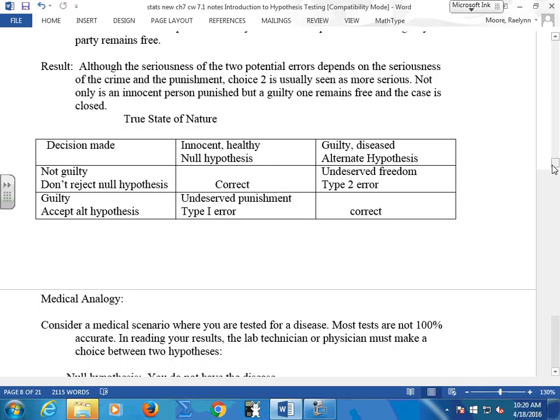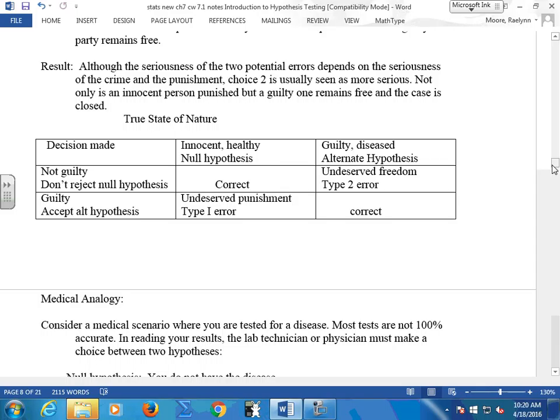We didn't find him innocent, we found him guilty. So we just put an innocent person in jail. Type 1 error. Now my person was really guilty. We didn't find him guilty. We found him not guilty. So we let this person go out on the streets. He really did this crime, but we didn't find him guilty. We released him. Type 2 error. He was guilty, we found him guilty. All is good. We were correct.